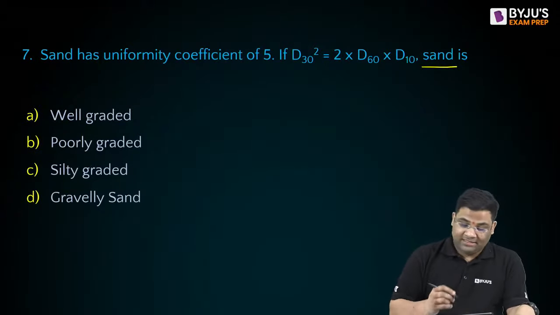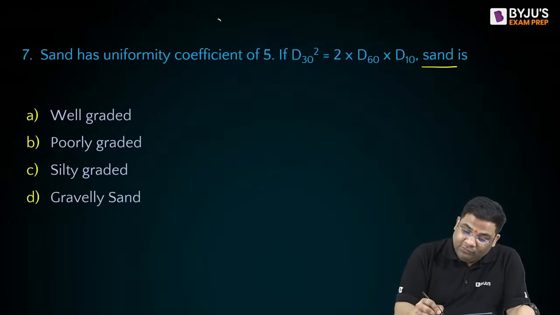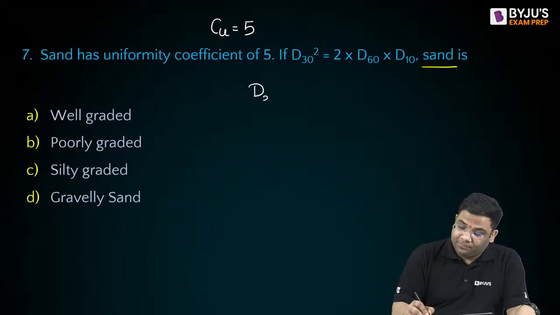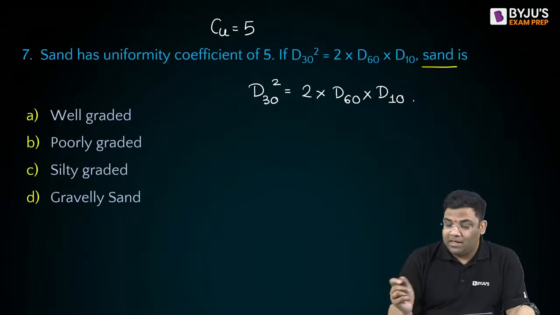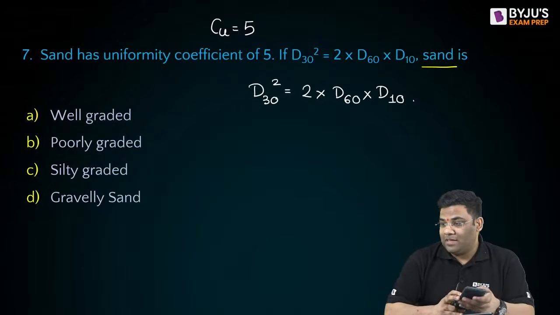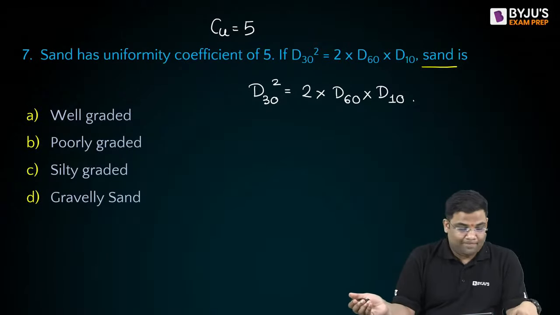Cu is given as 5, and D30 squared is given as twice D60 into D10. Now please answer this question. What is the sand? Akang Sinha has answered A. Others?